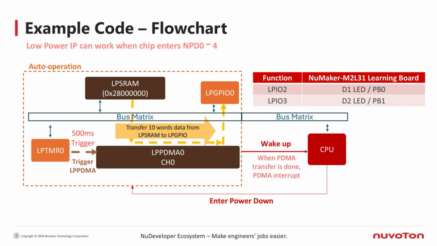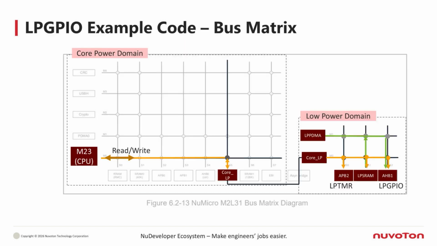This allows the LED to blink according to the pattern, without the CPU needing to be constantly involved. At the same time, we've configured it so that the CPU is only awakened once via an interrupt after the PDMA transfer is completed.